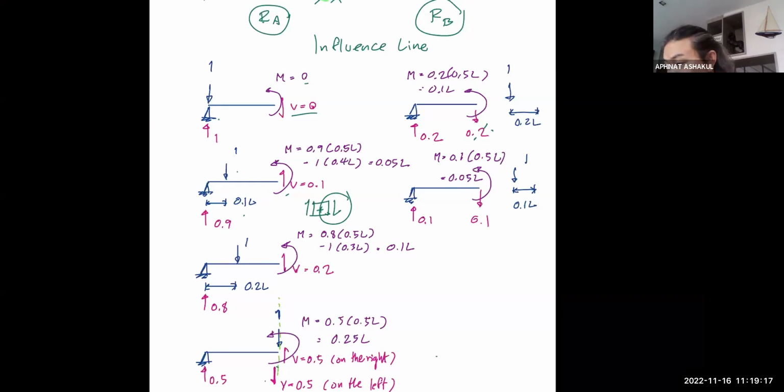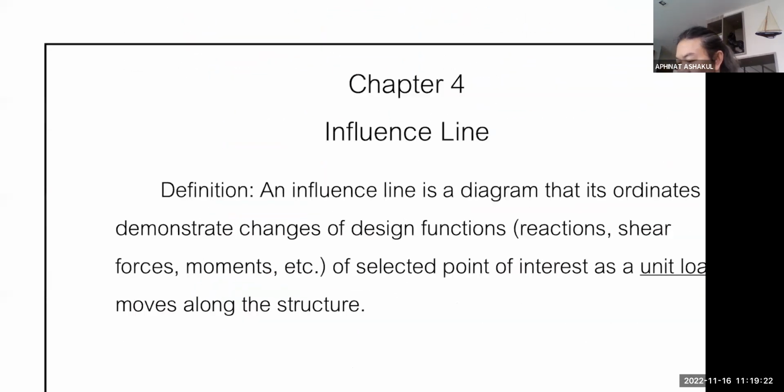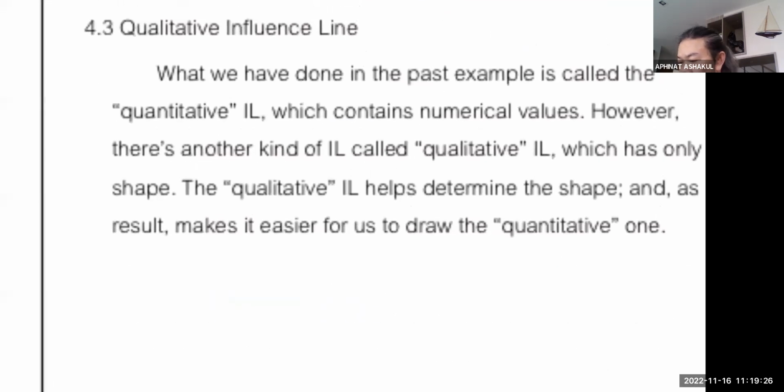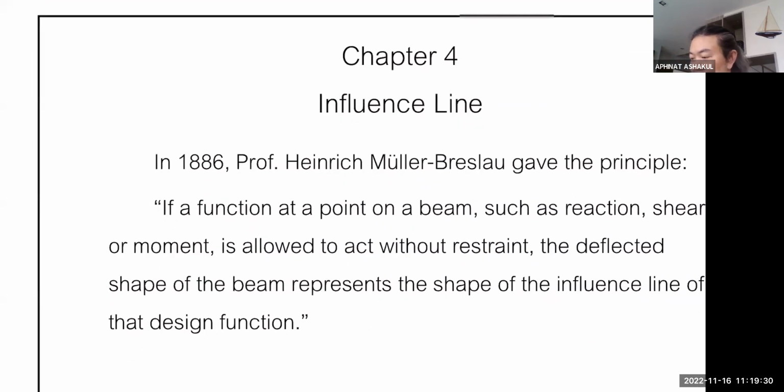So in the next hour, after we understand this, we are going to move on to qualitative influence line and the idea of the professor called Heinrich Müller-Breslau. And this guy is gonna rock your world one way or the other, hopefully in the better way.